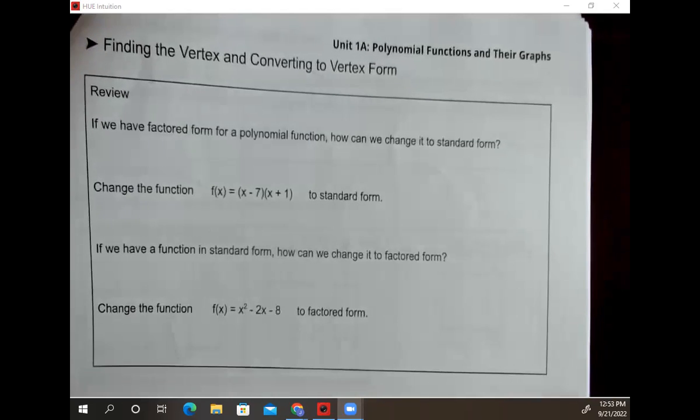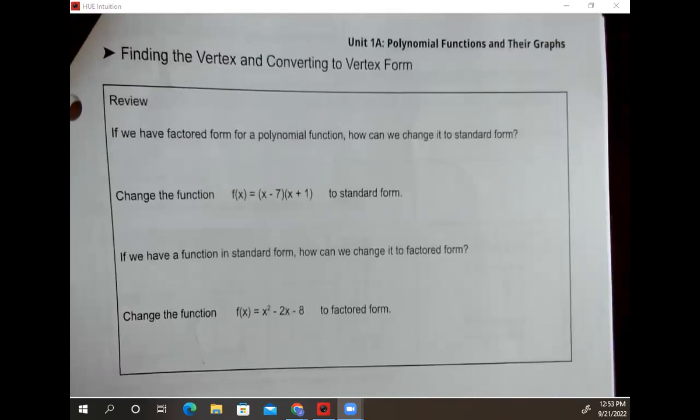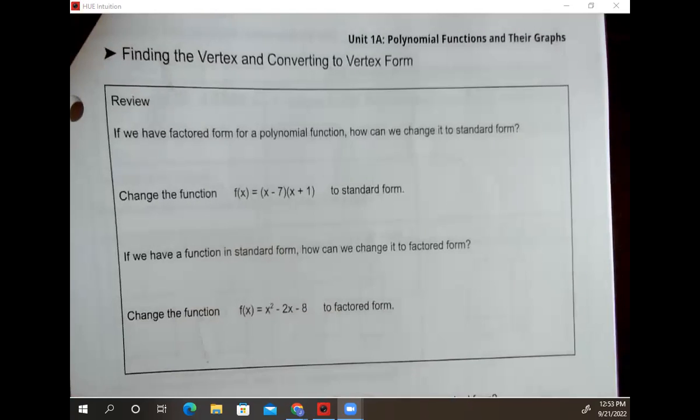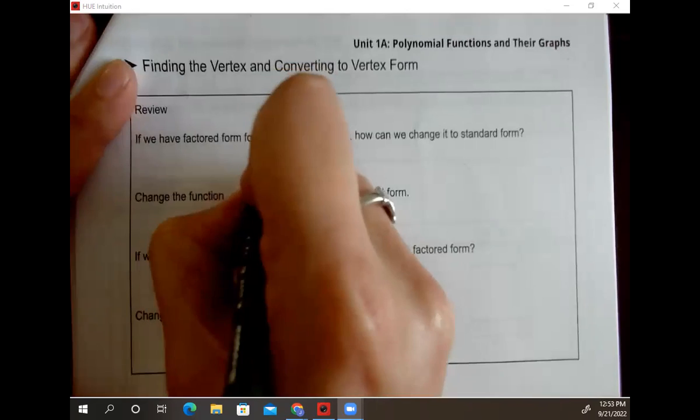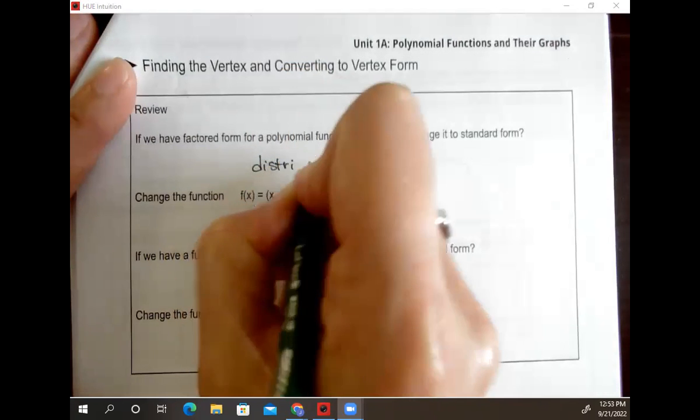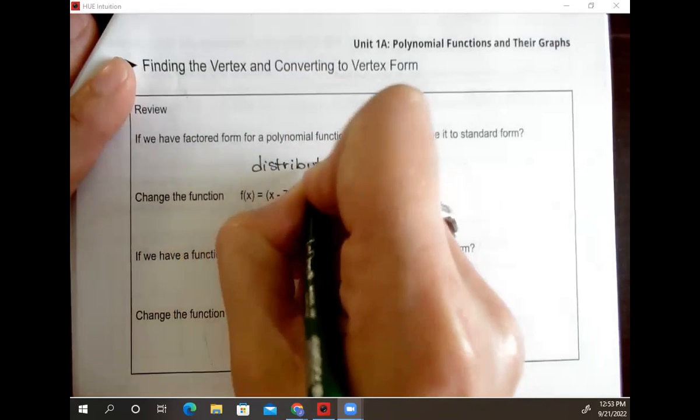So just as a refresher, let's talk about the thing that we've already done. If I've got factored form, how do I change it to standard form? What's that process called? Yeah, distributing. I distribute. How do you distribute?